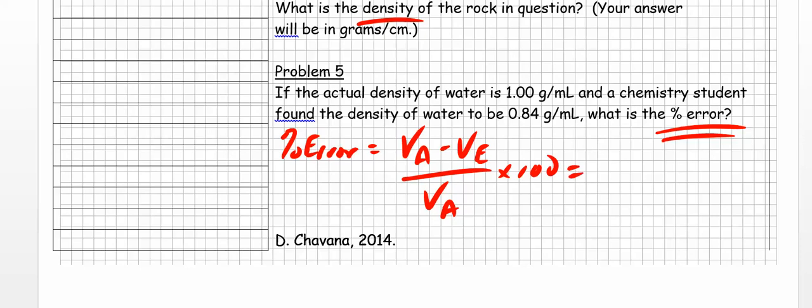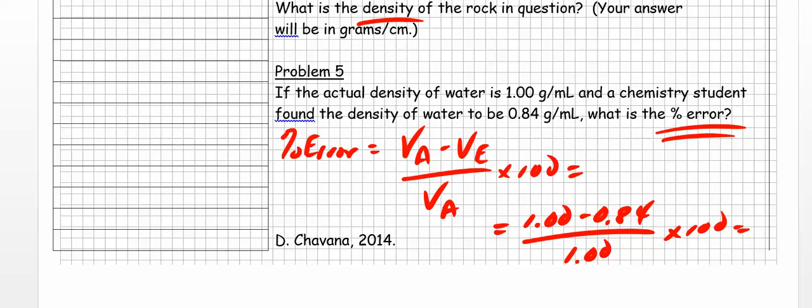Well, what is the accepted value? We're told that it's 1.00 grams per milliliter. I'll leave the units off. Minus the experimental value. The individual doing this experiment got 0.84, and we'll divide that by the accepted value again, 1.00, times 100.